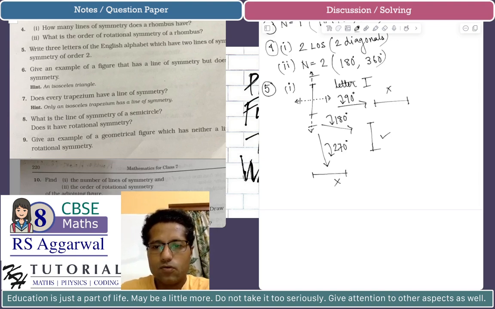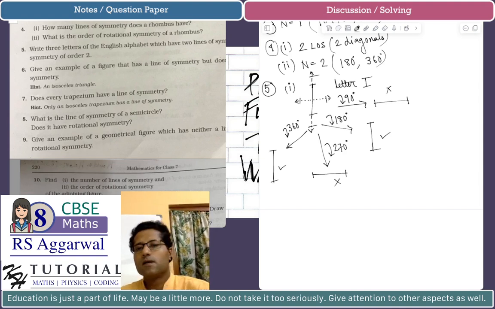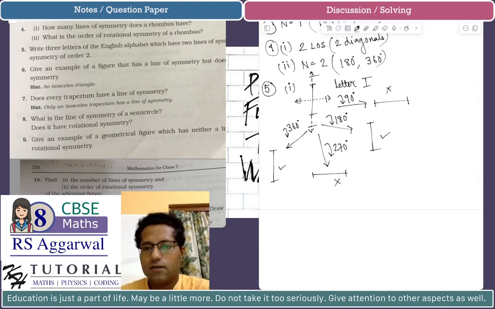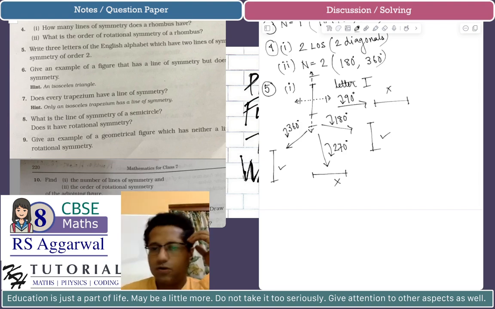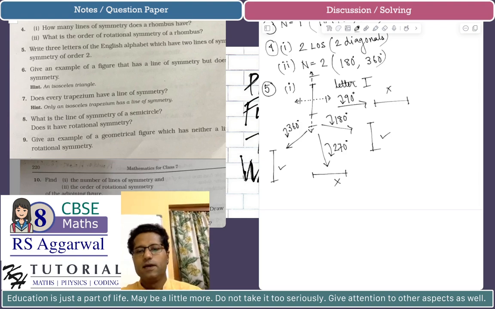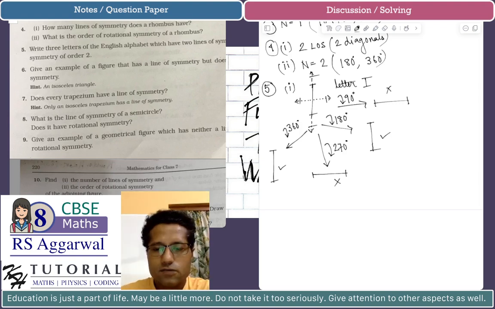And if you rotate the letter I by 360 degree, then again it will look identical. So the angles of rotational symmetry for letter I are 180 and 360 degree. So n is 2, the order of rotational symmetry is 2, since there are two angles of rotational symmetry, 180 and 360. So letter I is 1.